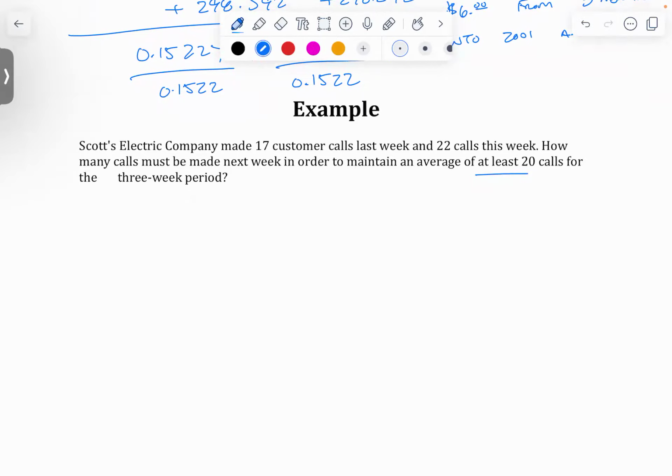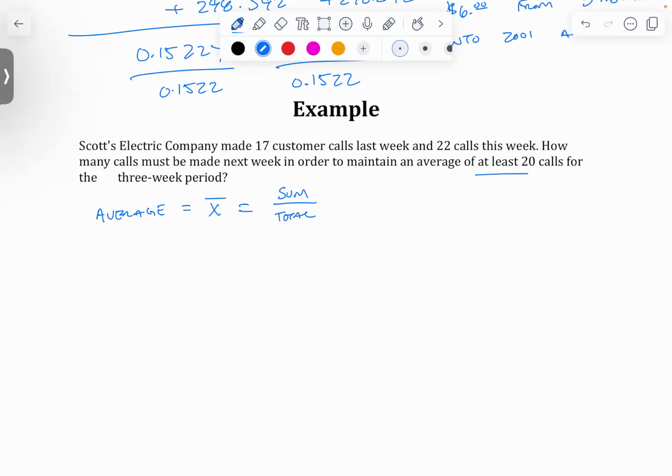All right, so let's recall what an average is. An average, represented notationally usually as something like X bar, is the sum of the values divided by the total number.